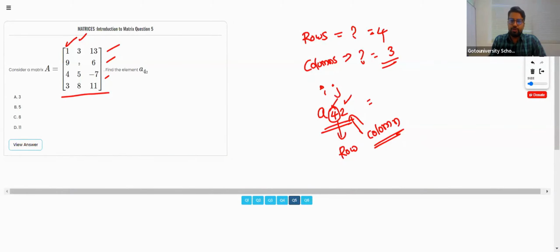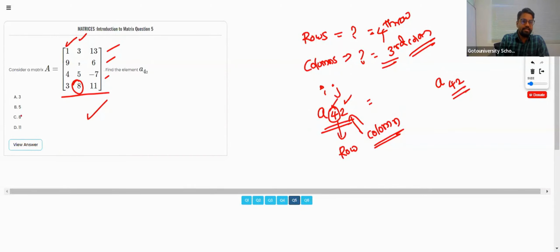In this question it is the 4th row and 2nd column, which is 8. Even though there are 4 rows and 3 columns, our question is about A42, that is 4th row, 2nd column. So option C is the answer for this question.